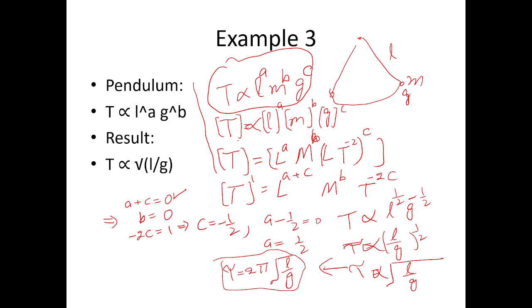Put them on both sides and you will get two values. To equate the two values, you need a constant, and you will ultimately come to the conclusion that the constant is 2 pi in the simple pendulum case. So this is the power of dimension analysis to find the formula for the simple pendulum.